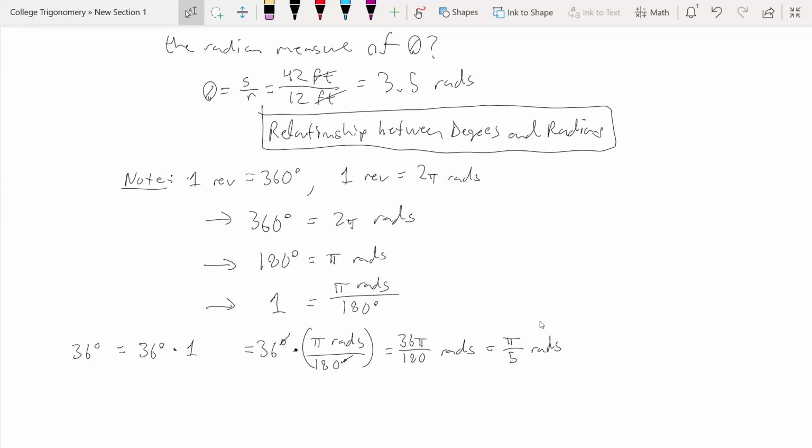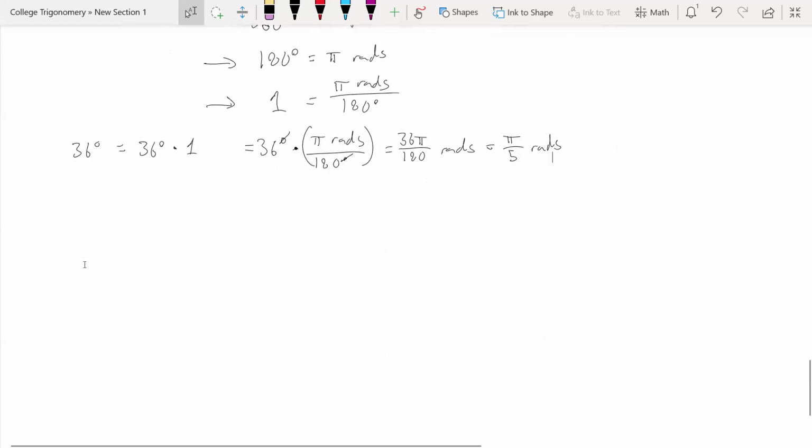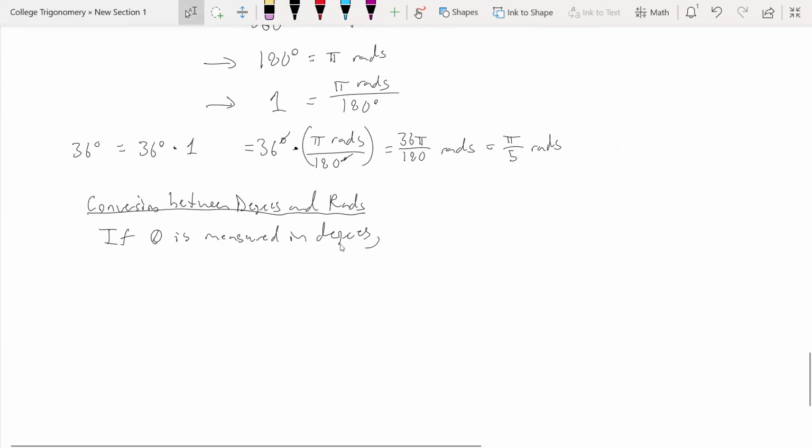All right, let me give you the general formula here. This is conversion between degrees and rads. If theta is measured in degrees, then take your theta, multiply it by pi rads, and divide it by 180 degrees.